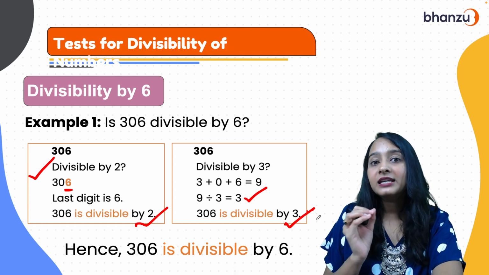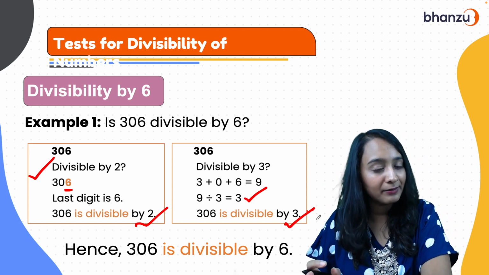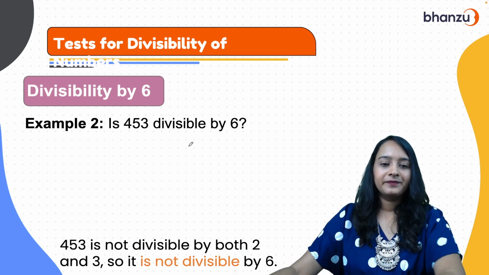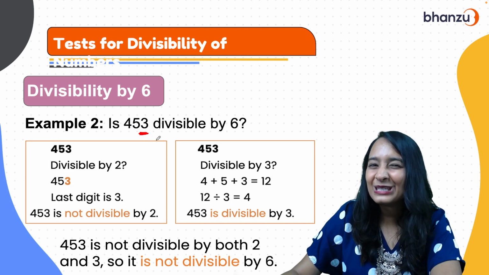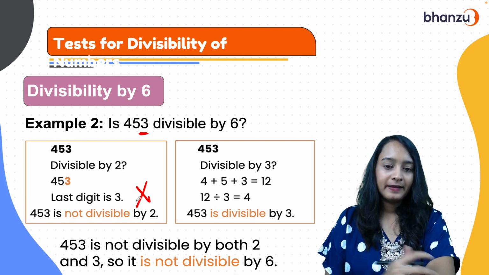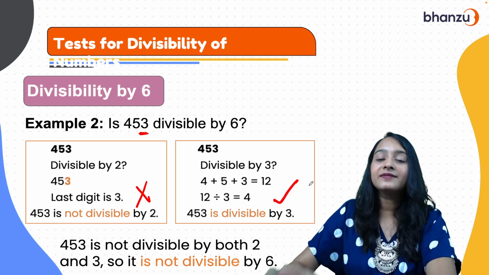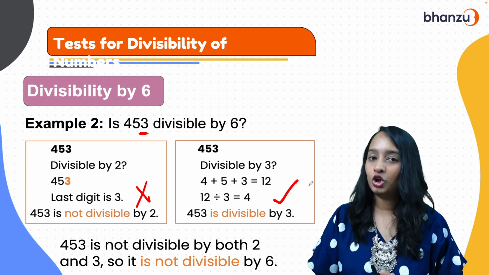Now the number 306 is divisible by 2. It is also divisible by 3. So it is divisible by 6. Another question. 453. Now 453 is not an even number. So it is not divisible by 2. But 4 plus 5 plus 3 is 12, which is completely divisible by 3. But do you think it is divisible by 6?